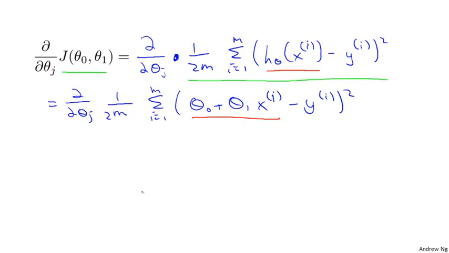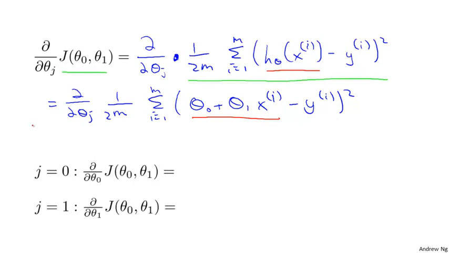And it turns out we need to figure out this partial derivative for two cases, for j equals 0 and for j equals 1. So we want to figure out this partial derivative for both the theta 0 case and the theta 1 case. And I'm just going to write out the answers.